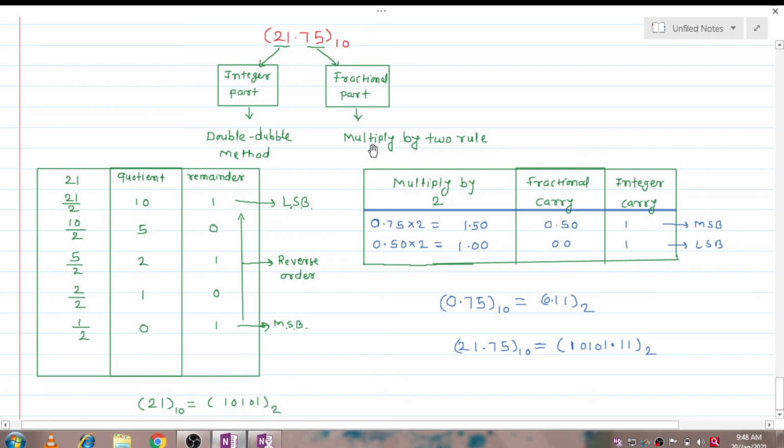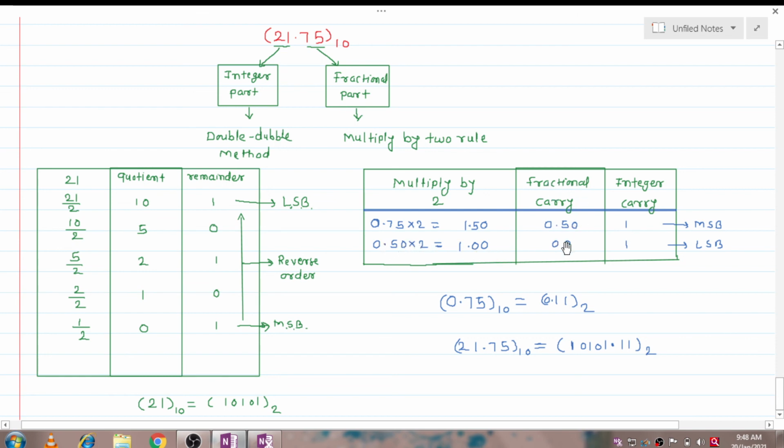For the fraction part, that is 0.75, we use the multiply by 2 rule. 0.75 multiplied by 2 gives 1.50. Here we write the fractional carry 0.50, and 1 is the integer carry. Then 0.50 multiplied by 2 is 1.00.